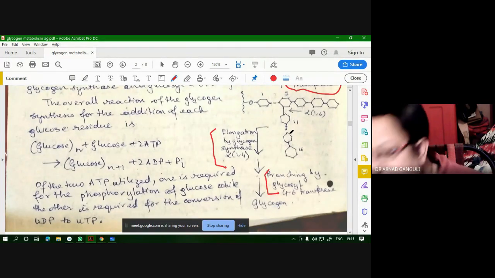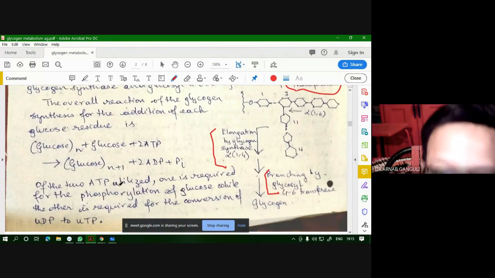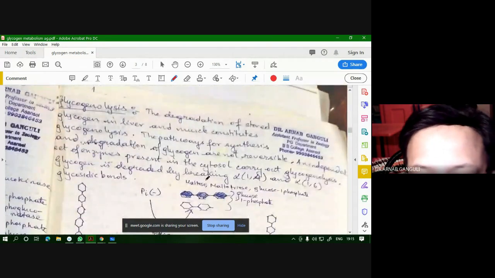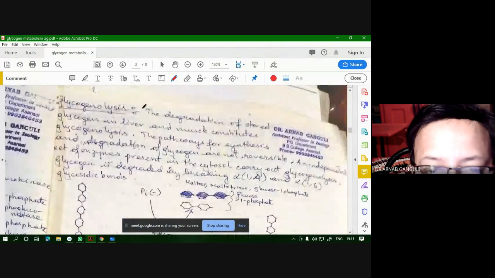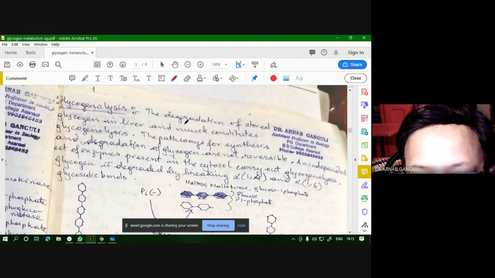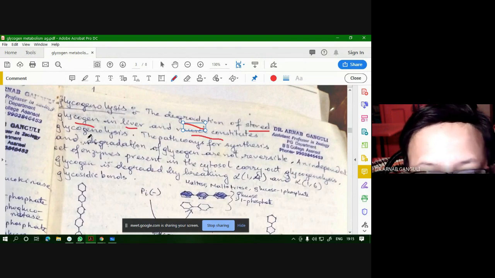Now we will be talking about how glycogen is broken down. So glycogen, it is the degradation of stored glycogen in liver and muscle. This is glycogenolysis.